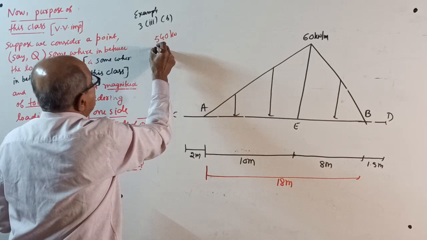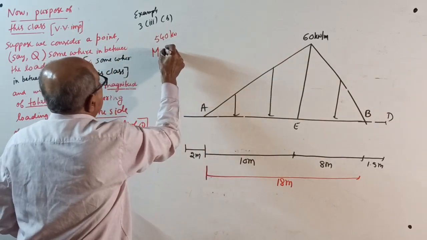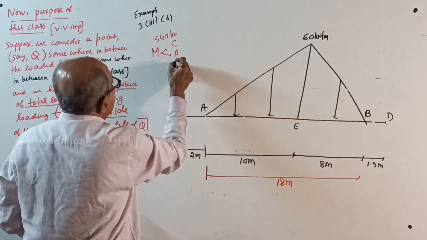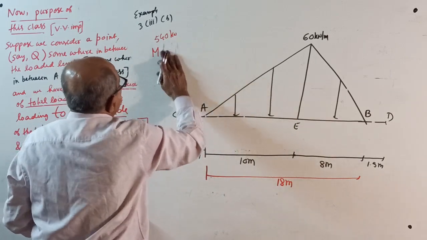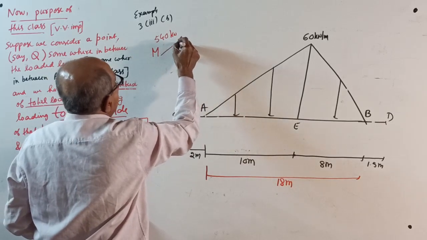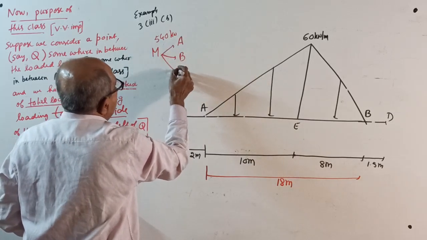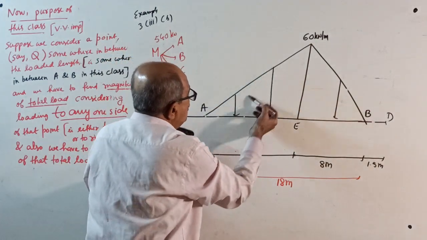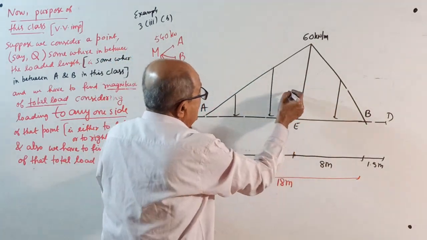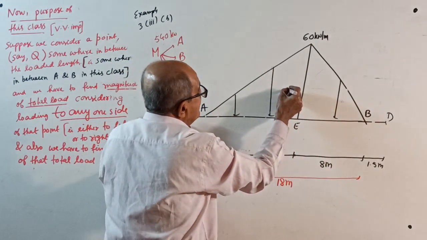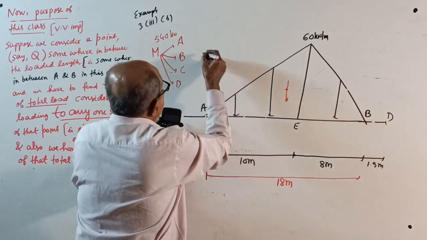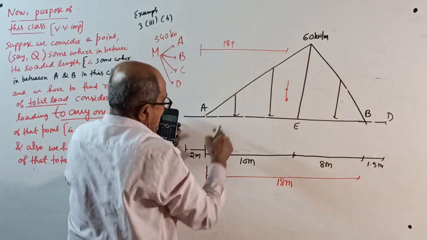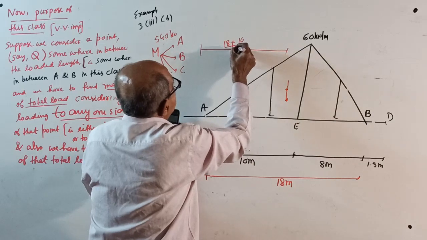Then moment of the total load about A, about B, about C, about D. First about A, usually first about A, moment about A, moment about B, moment about C, moment about D. If you consider total load here, the line of action will be, this side is more length, it will be here. See, I told you, this distance will be 18 plus cut length 10 divided by 3.